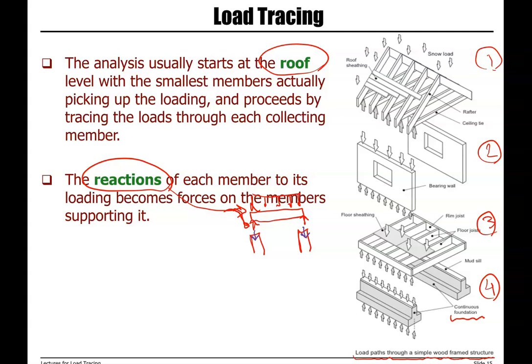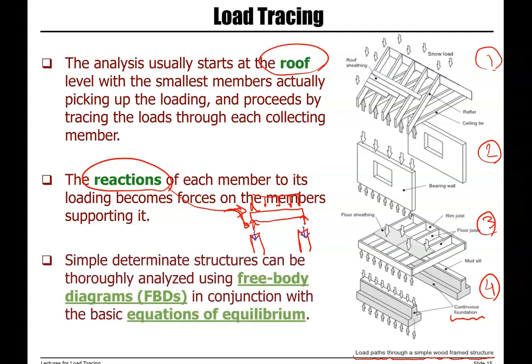So that's why we need to look at the load applied to the element, calculate the reactions, and the same magnitude in the opposite direction is transferred to the element supporting our beam. Simple determinate structures can be thoroughly analyzed using free body diagrams in conjunction with the basic equations of equilibrium.